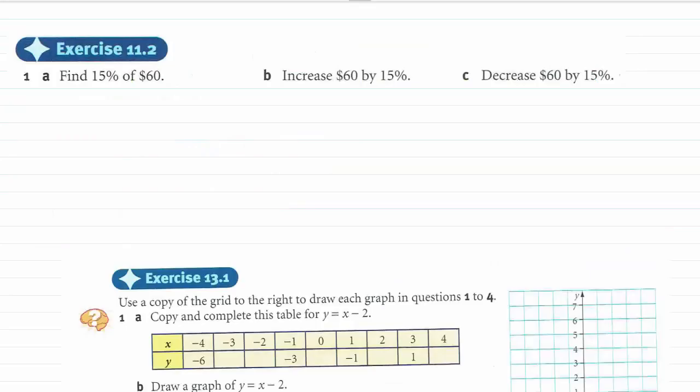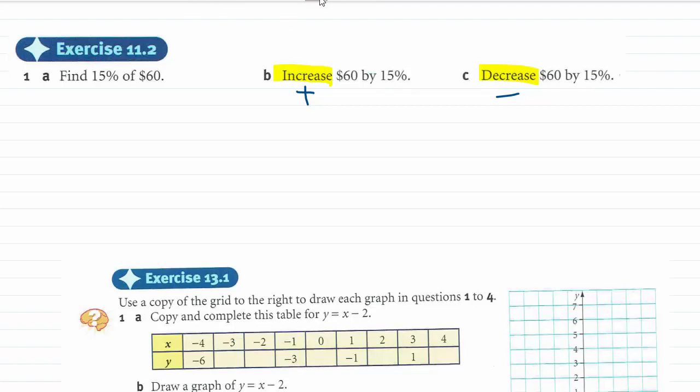Next question. Percentages of increase and decrease. In both cases of increase and decrease, we have to calculate the percentage, but in the increase case, we add the result of the percentage to the total, and for the decrease, we subtract the result of the percentage from the total.